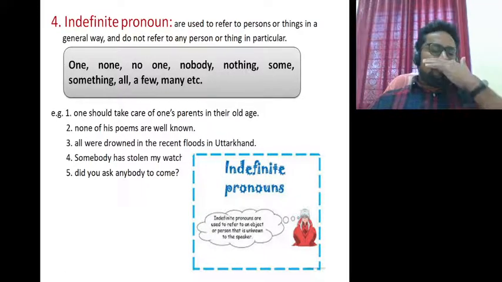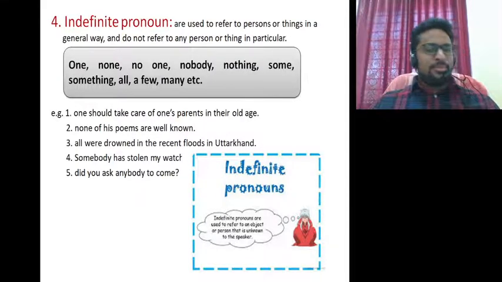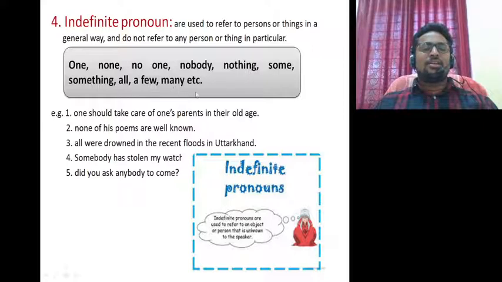One means in a general context I am telling. To describe in a general context we have to use the indefinite pronoun. One, none, no one, nobody, nothing, some, something, all, a few, many. These all are called indefinite pronouns.